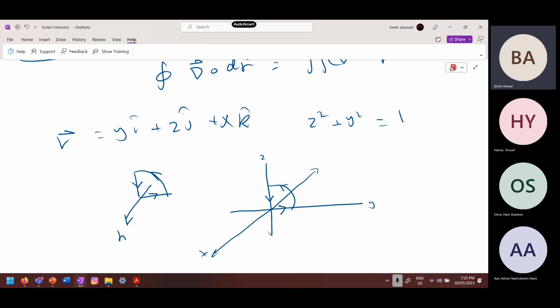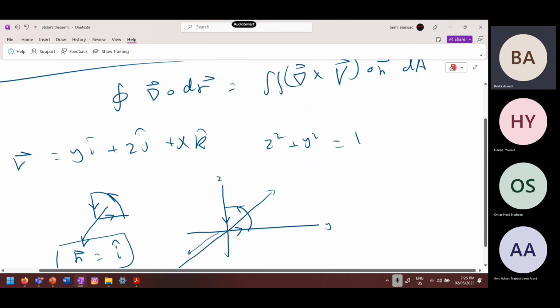This means that the normal vector has a magnitude of 1 toward the x-axis. So the normal vector is equal to i hat. Okay, that's the normal vector.